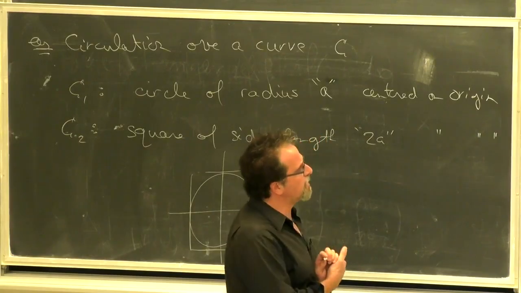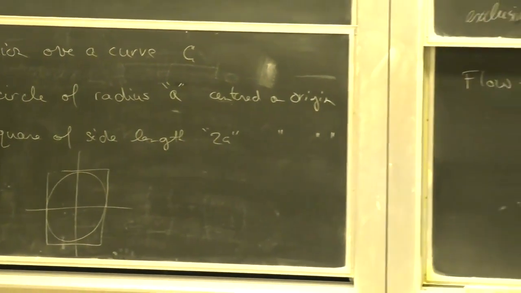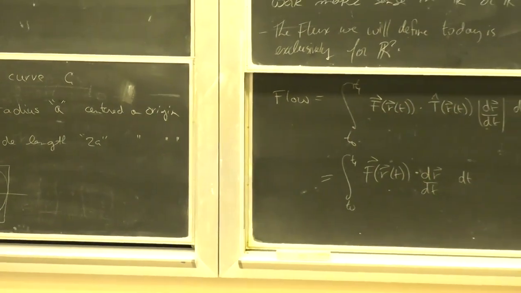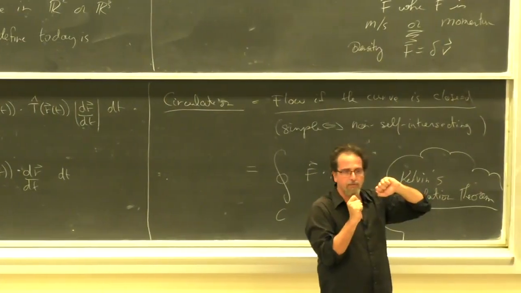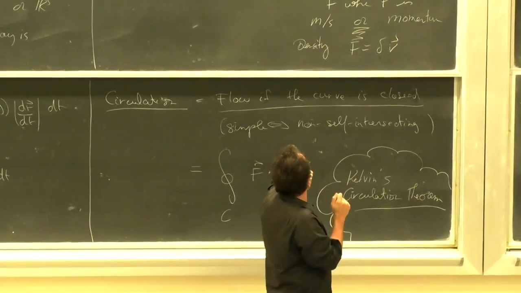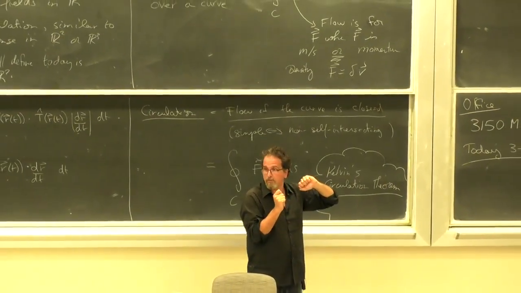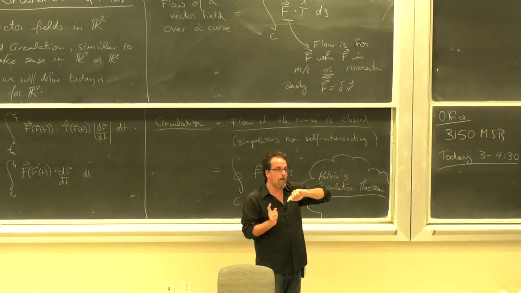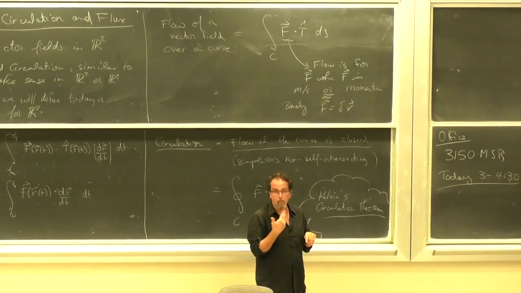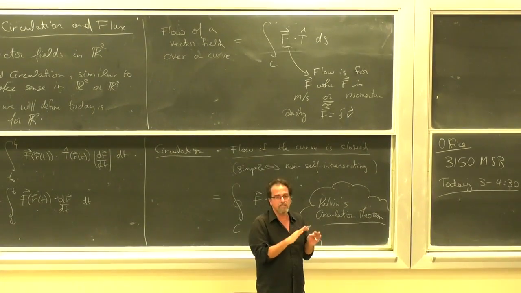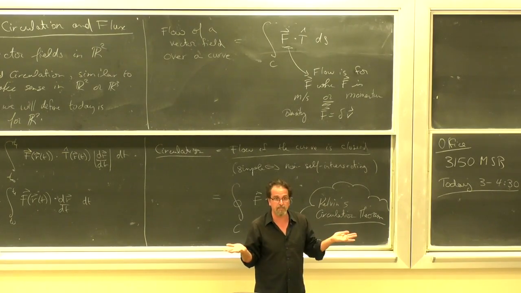And if you take a look at the definition of flow, coming back over there, you notice that it's the dot product of a vector field with a tangent to the curve. So something about the flow and the circulation must have something to do with the direction that you go around this curve in, right? So if you go around counterclockwise, you should get one number for this integral. If you did the same curve clockwise, you should get exactly the same number, but with a negative sign, right?